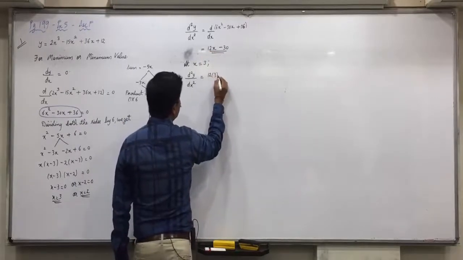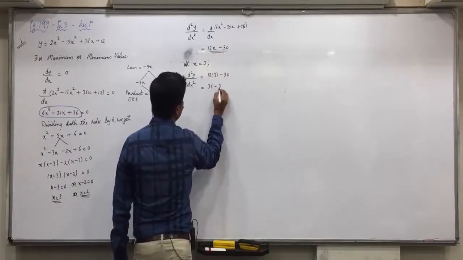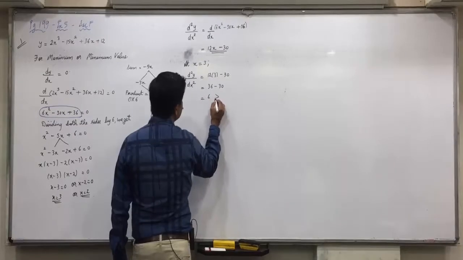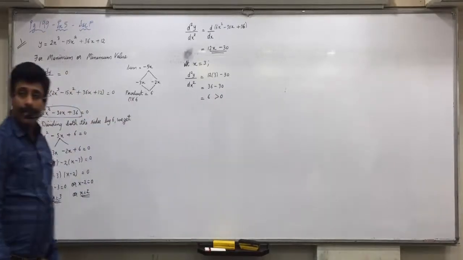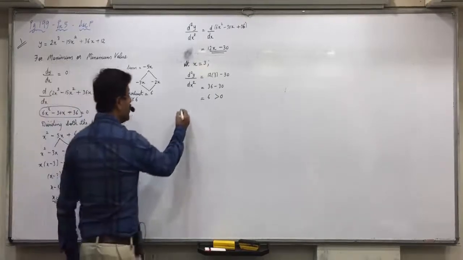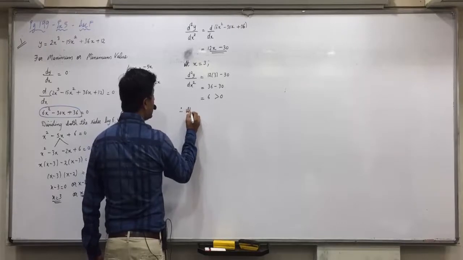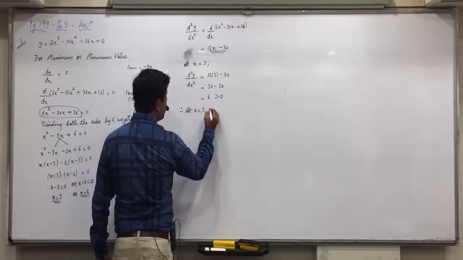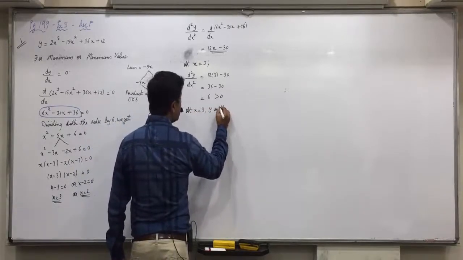So 12 into 3 minus 30, 36 minus 30, 6. That is positive, greater than 0. So here the value of y will be minimum. Therefore at x equals 3, y will be minimum.